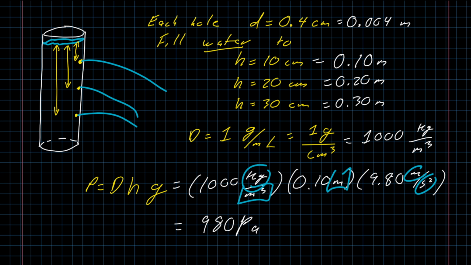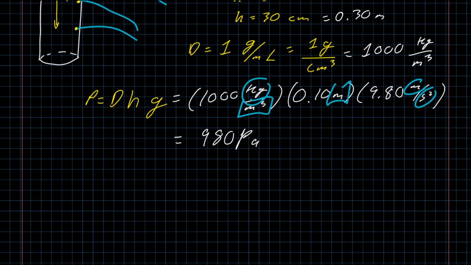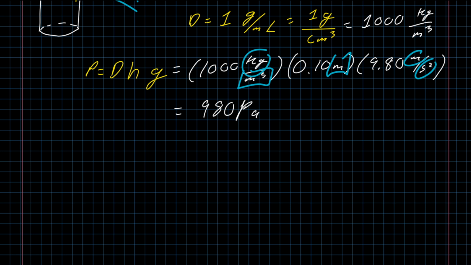Now, one thing that I didn't do in this calculation, I gave us this other number up here. Each hole has a diameter of 0.4 centimeters, 0.004 meters. I can calculate that the area there is pi times the radius, which is half the diameter, 0.002 meters squared.